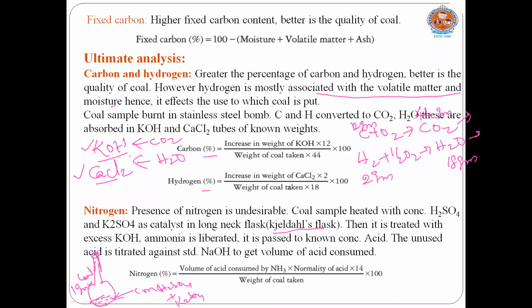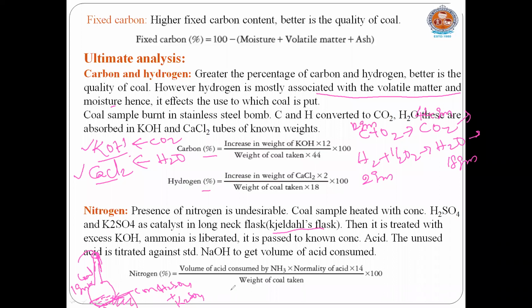Heat this concentrated sulfuric acid along with the coal sample for half an hour to 1 hour. During this time, complete charring of the coal sample in the sulfuric acid takes place, and we get a clear solution.